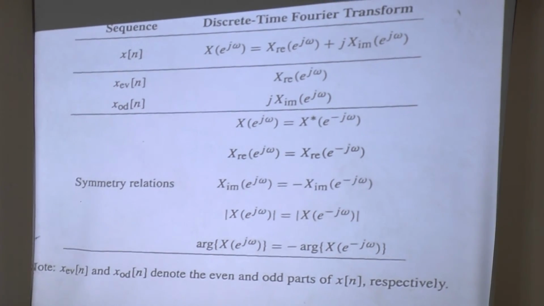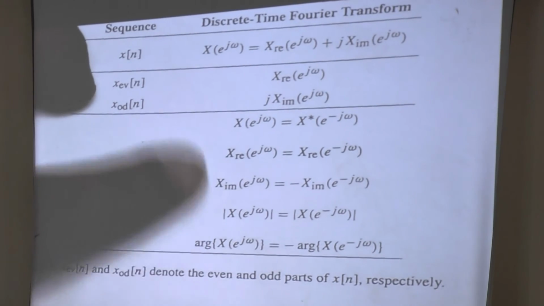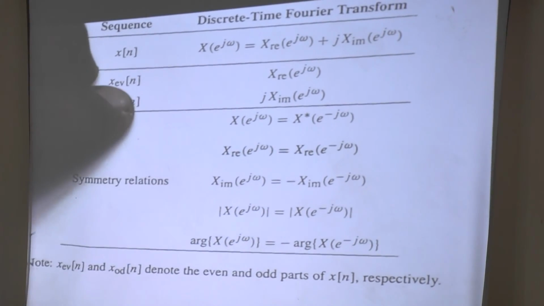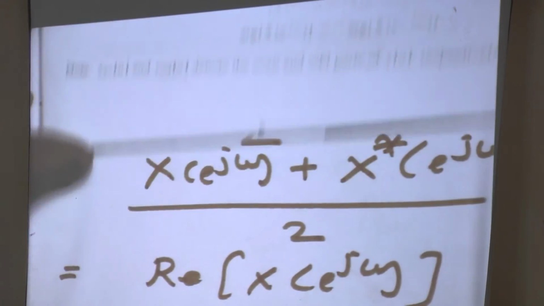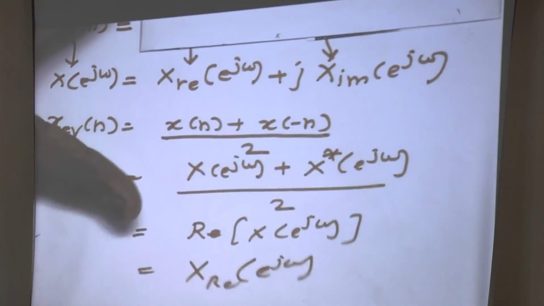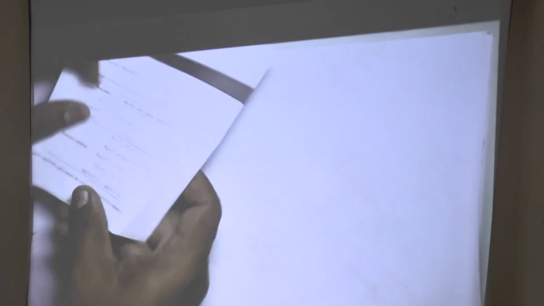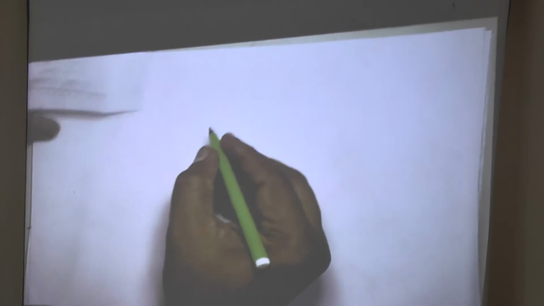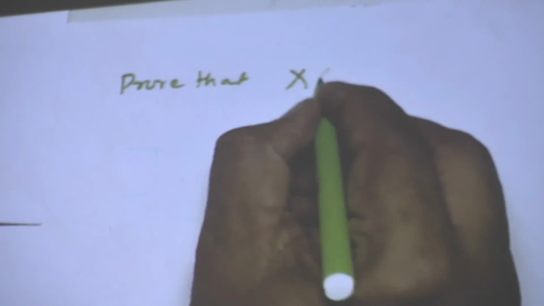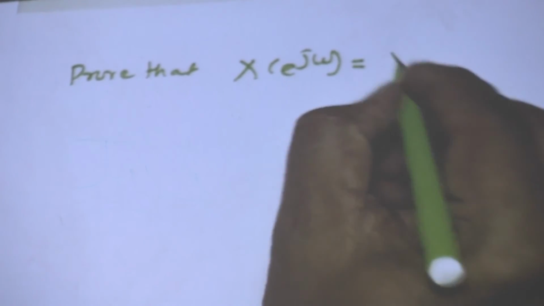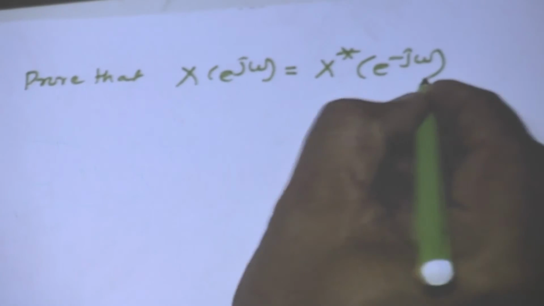Do you want me to prove any one of these? Let us prove the first one, which is critical: prove that X(e^{jω}) is equal to X star(e^{-jω}).